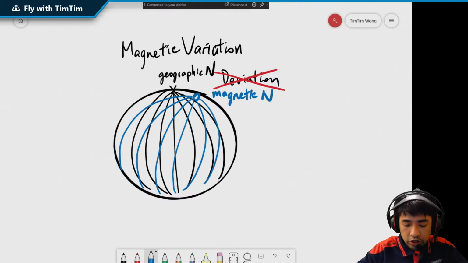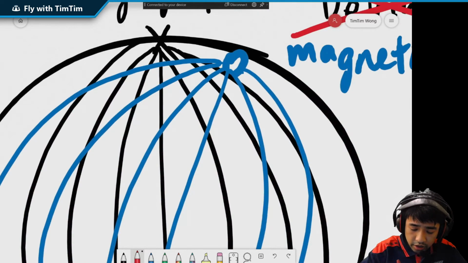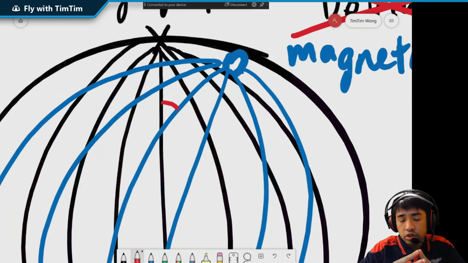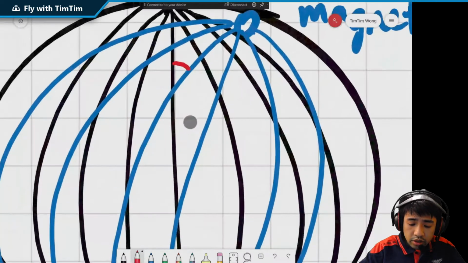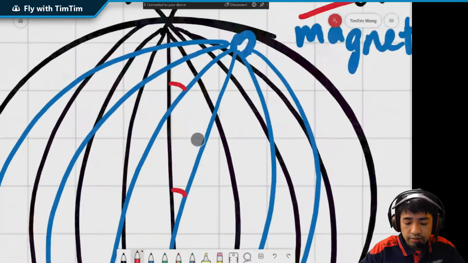Now, if we zoom in here, you see that there's an angle between the geographic meridian and the magnetic ones. And these are called magnetic variation. The angle keeps varying.